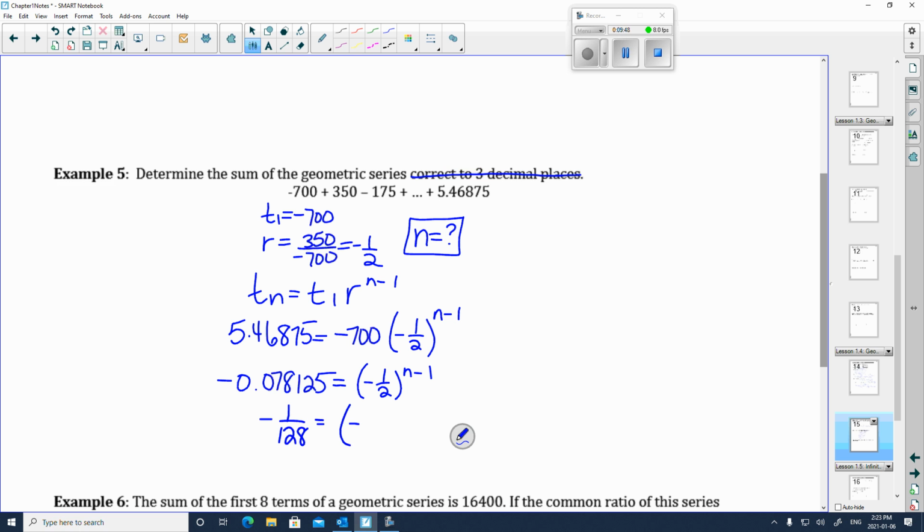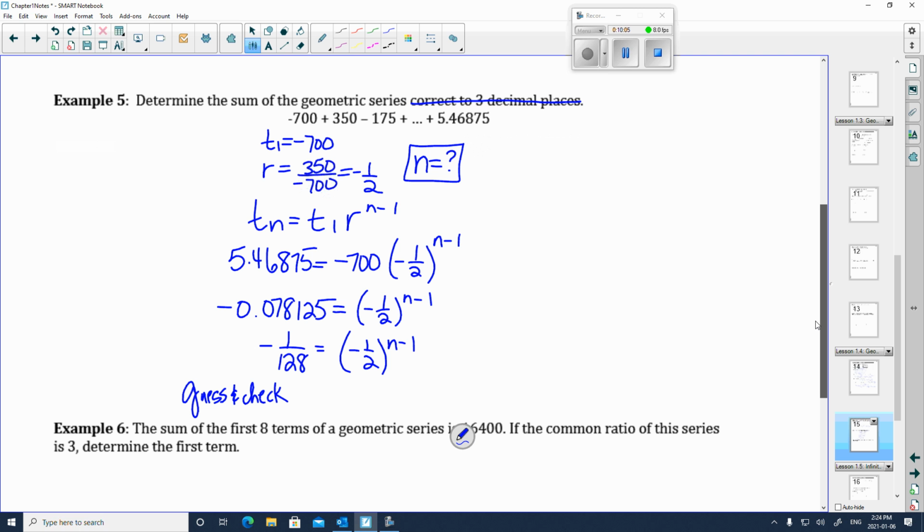So we need to figure out what exponent gives that. Now, in grade 12, we learned how to solve for an exponent, but in grade 11, we are using guess and check. So basically you need to figure out what exponent you would give for negative 1/2 to get negative 128.